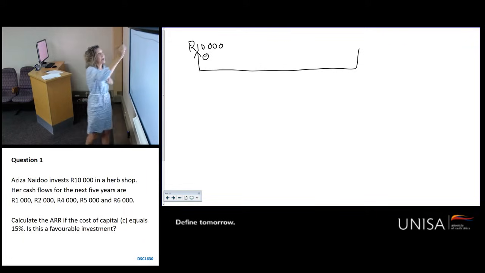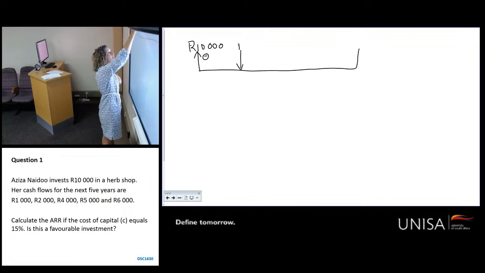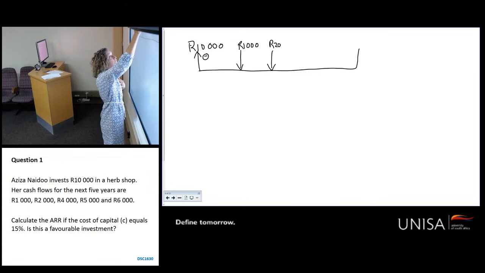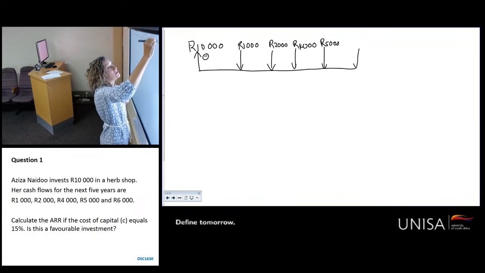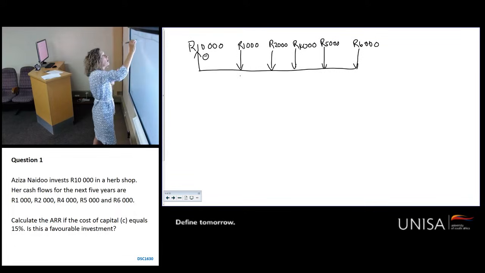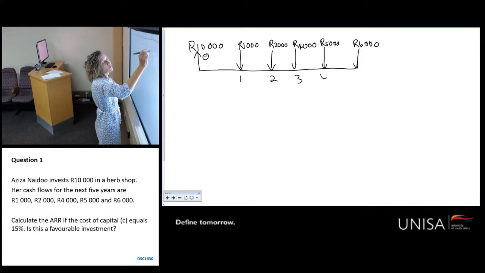Then coming in will be 1,000, 2,000, 4,000, 5,000, and the last one is 6,000. Year 1, year 2, year 3, year 4, year 5, and this is now.